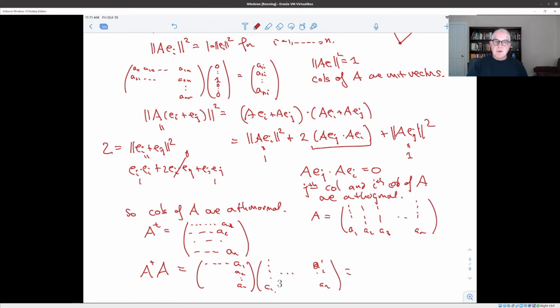And because this is an orthonormal set, this is going to be the identity matrix, because the first row gets dotted with the first column, and that's going to give you 1, but then the first row gets dotted with all the other columns, and those are zeros. And similarly, the second row gets dotted with the first column, but that's 0, but then with the second column, and that's 1, and so on. So this is equal to the identity.